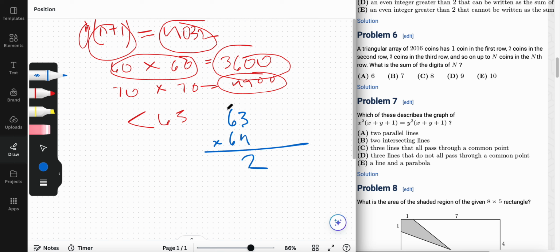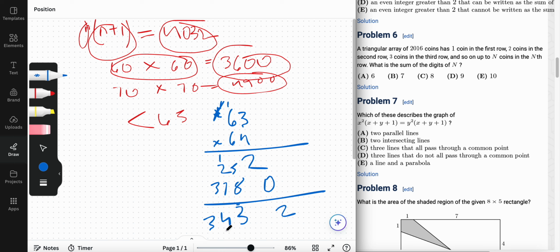Okay, this is 2, 1, 25, 0, 8, 1, oops, 137, 2. This is 3, 1, 4. Wait, what? I'll do that again.